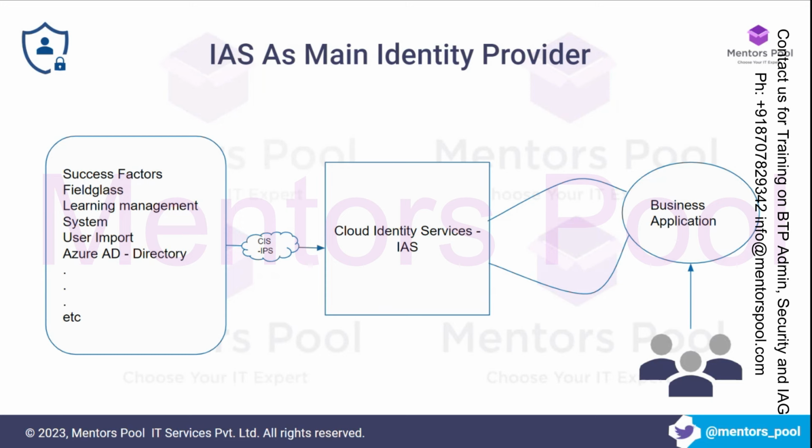IPS is also used as a proxy system. I can take the example of IAG, Identity Access Governance, which is a risk and governance tool. It uses IPS to get integrated with any SAP cloud system. IAG can be integrated with any cloud system using IPS only.